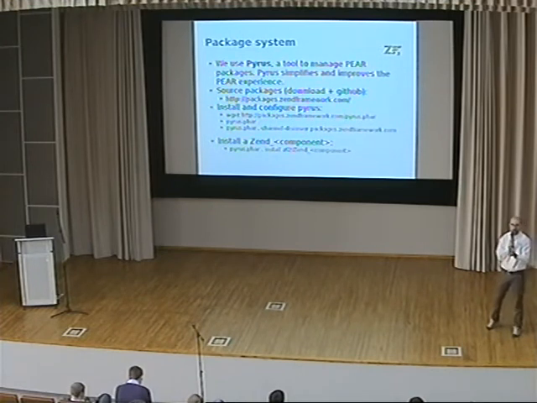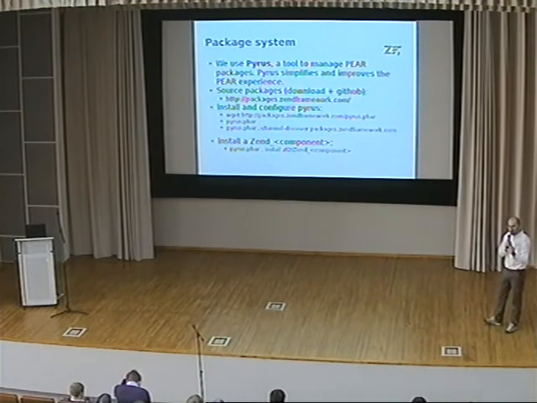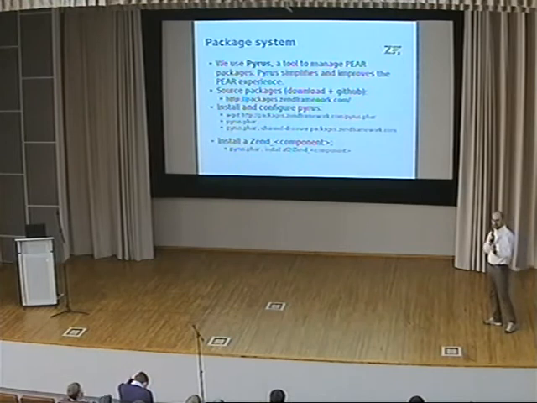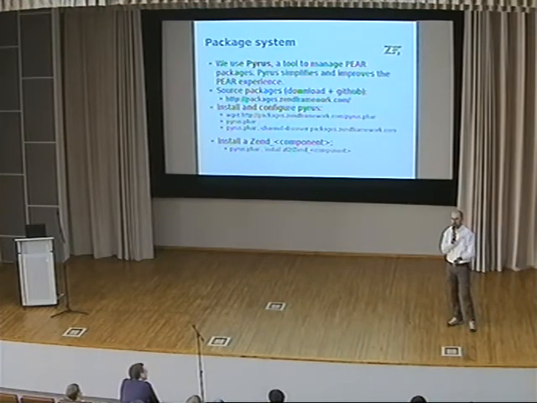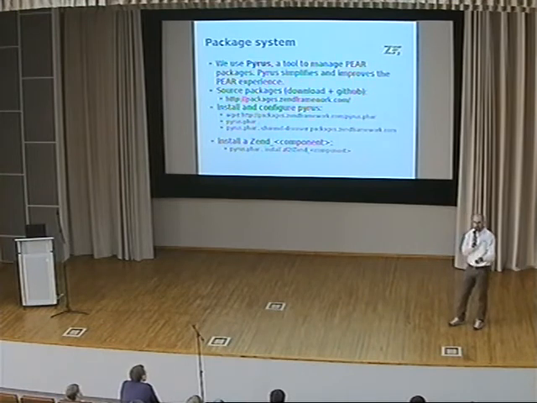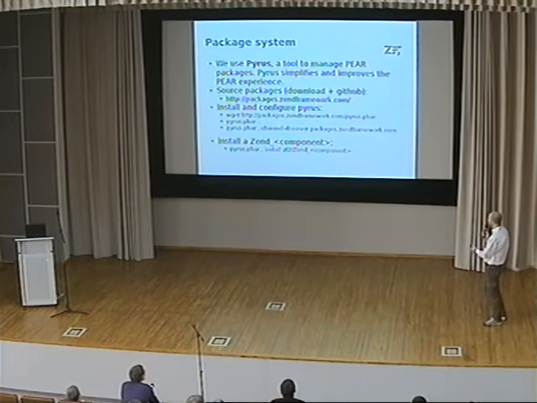So why should I put all the library with all the classes in my project every time? I can also customize the packaging of my application. I can say, okay, I just use, for instance, the Zend Config class, the Zend PDF or whatever. I want just these components. I don't want all the library. You can use Pyrus to do that.